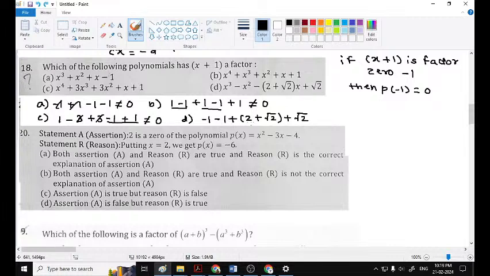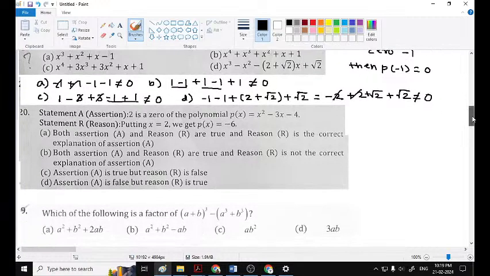Let us simplify, if we open the bracket, this is minus 2 plus 2, then root 2 plus root 2. This will become 0, but this is also not equal to 0. So there is some mistake in this question.